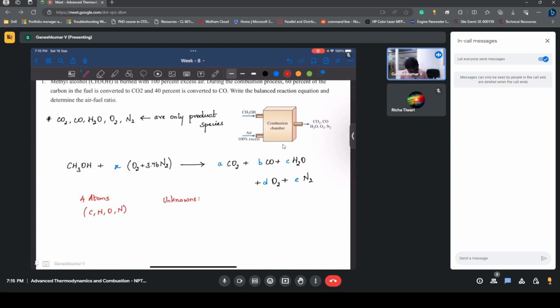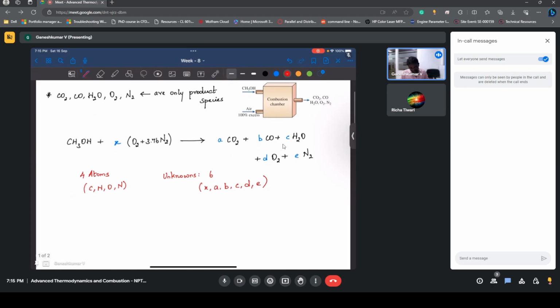This is A, B, C, D, E. In addition, we also don't know what X is. So we have six unknowns, which is nothing but X, A, B, C, D, and E. We can write only four atom balance equations, so only four unknowns we can find, but we need two extra equations, right?